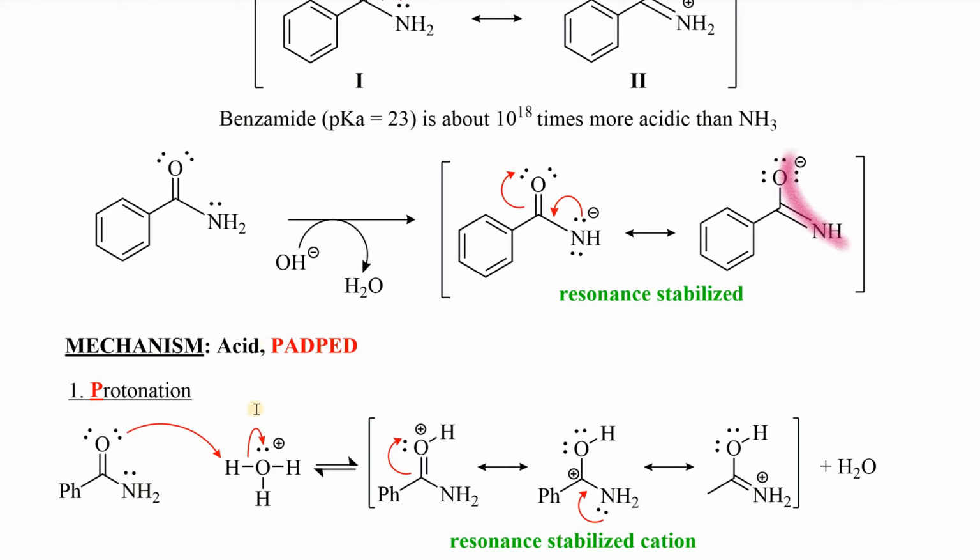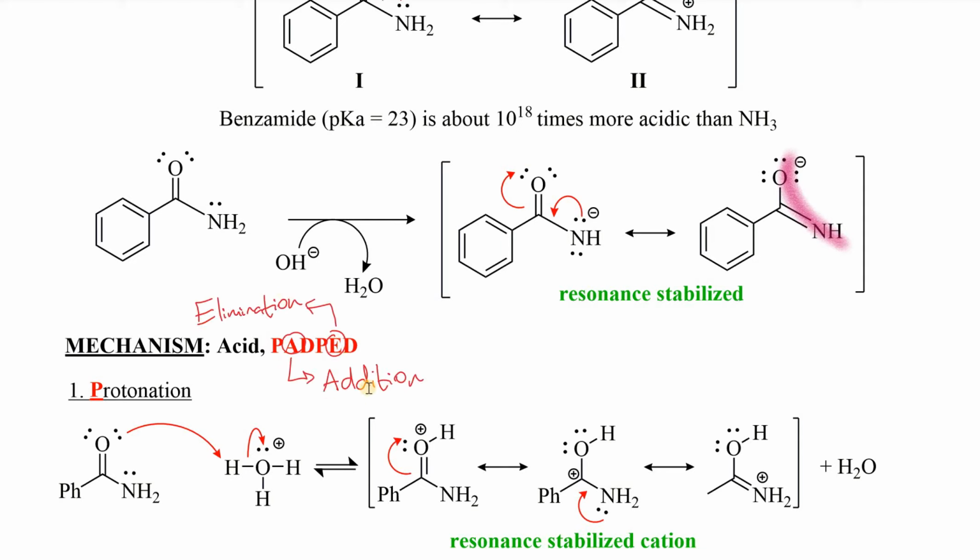Whenever we're dealing with the addition of weak nucleophiles, this PADPED pattern is observed, where first we do a protonation of the carbonyl and then carry out the addition and then finally the elimination. And scattered throughout are protonation and deprotonation steps, which essentially function to lead towards the addition and then the elimination.